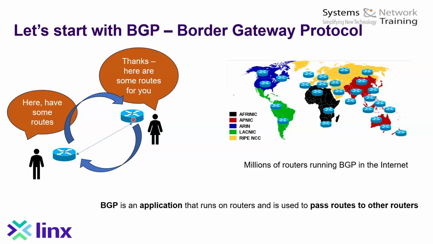If you're not familiar, these hockey puck type icons on here are network routers, and you can see in the world, there's an awful lot of routers. So BGP is an application that runs on routers and enables the routers themselves to share information about networks.